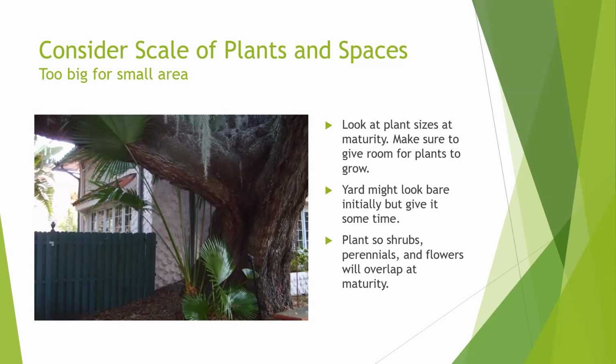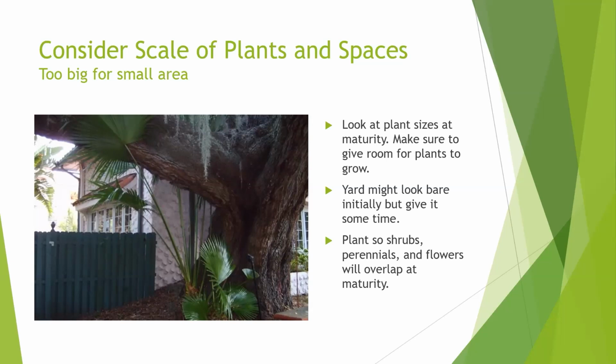Okay, utilizing plants, shrubs, perennials, and flowers. Sometimes you want to have them overlap so that one plant kind of blends into another plant, and that way you get a good continuity throughout your site. When you plant your plants, you're going to plant to the size of your plant at maturity.